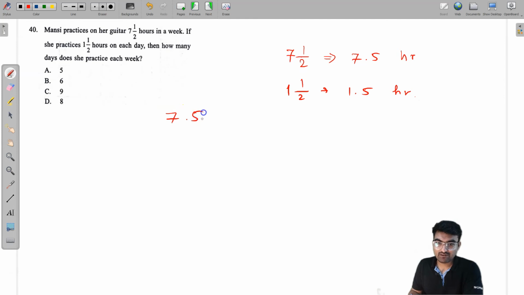That means 7.5 divided by 1.5 will give us, 15 fives are, right? So 7.5 divided by 1.5 is 5. So she practiced 5 days each week.